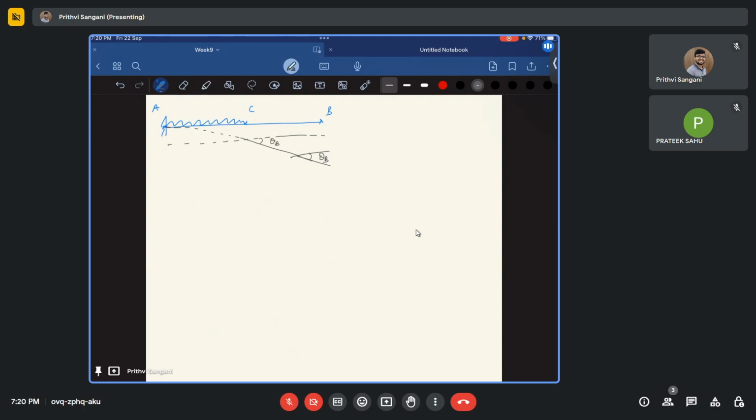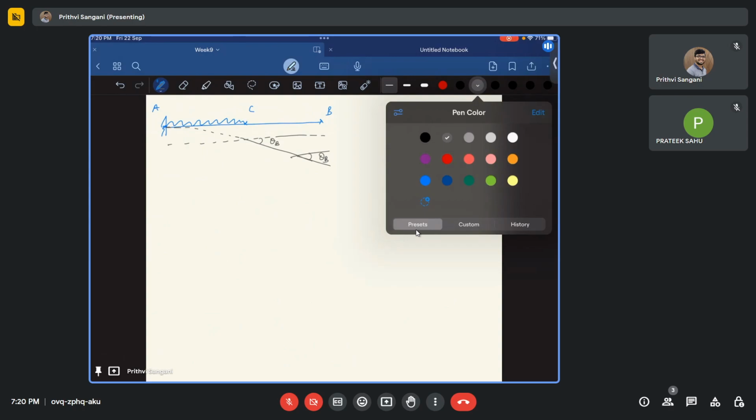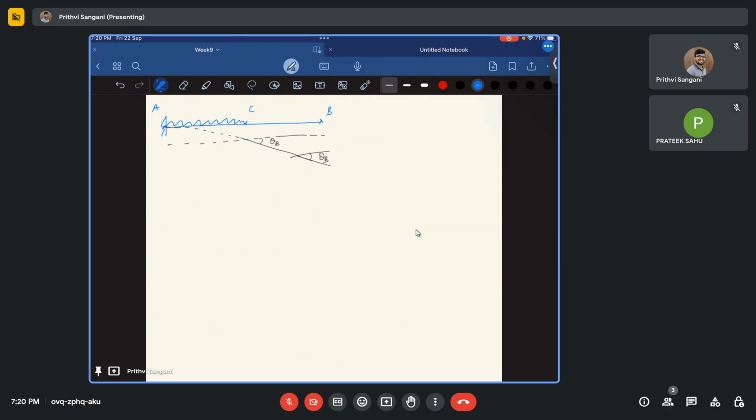How do you find theta B using, what is it called, the moment area method. Theta B is nothing but the area between the point of interest and the tangent where the slope is zero, right?